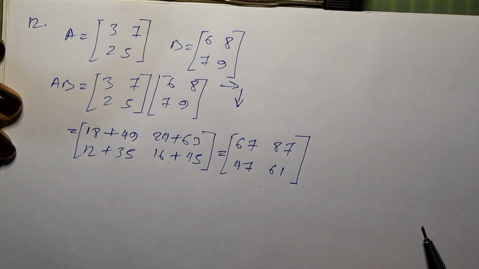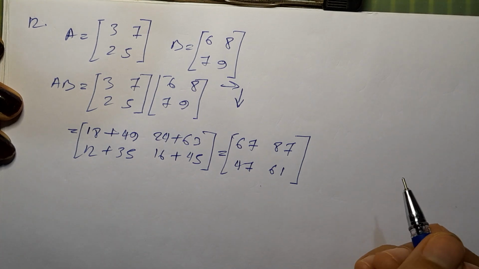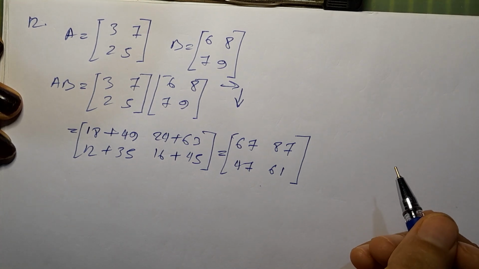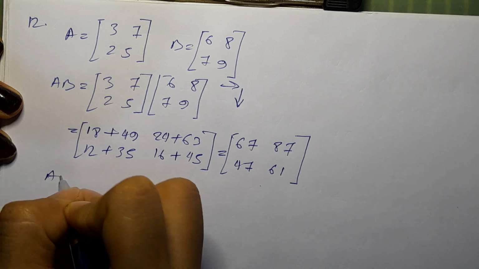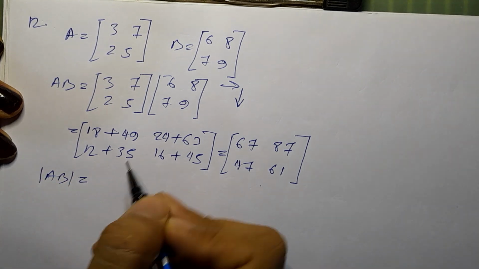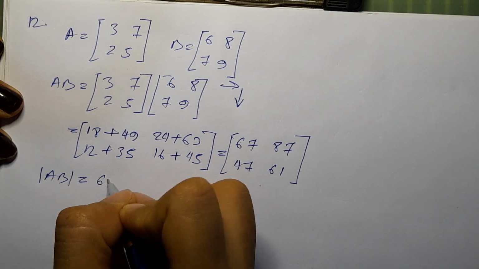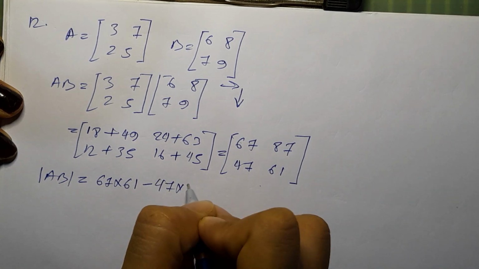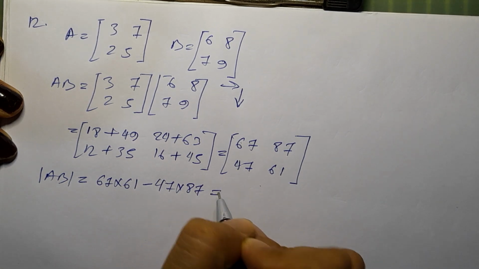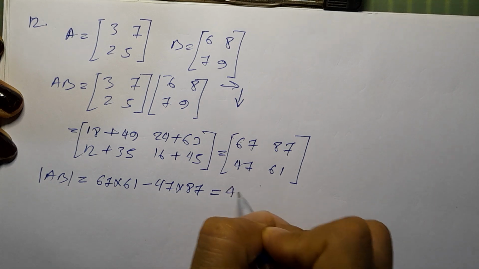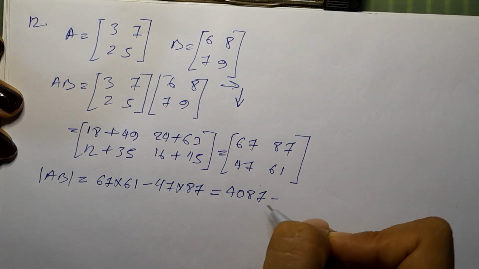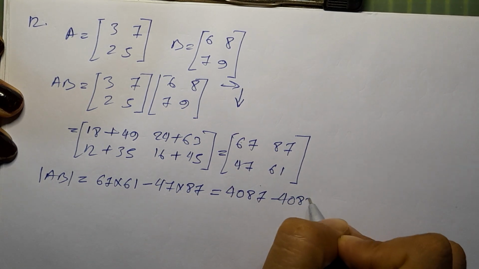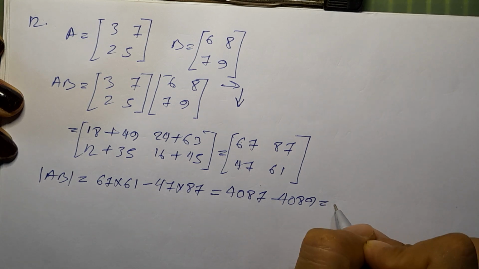We got the matrix. Now we have to find the inverse of this, so we need the determinant. So determinant of AB will be 67 into 61 minus 47 into 87, so it will give 4087 minus 4089, which is equal to minus 2.